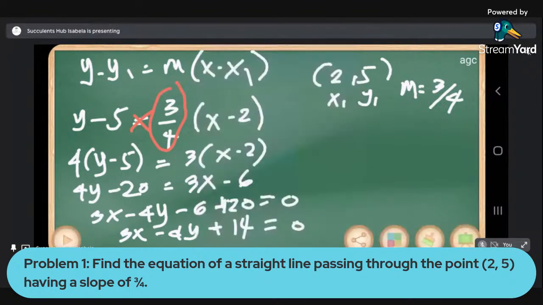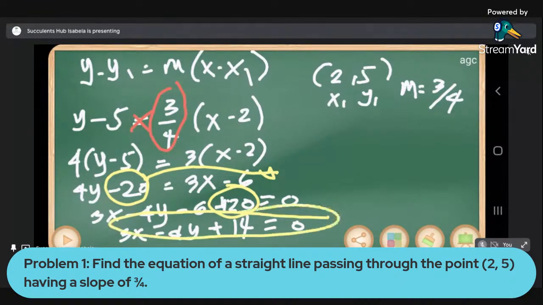Ito. So pag nilipat mo siya dyan, magiging positive 20. Okay? Minus 6 pa rin yan kasi hindi mo naman siya nilipat. So you will have plus 14. So this will be your final answer. Okay? Yeah, it's 14. Kinorek ko na, Maria Cristina Giab.